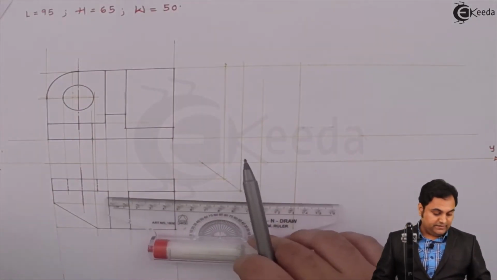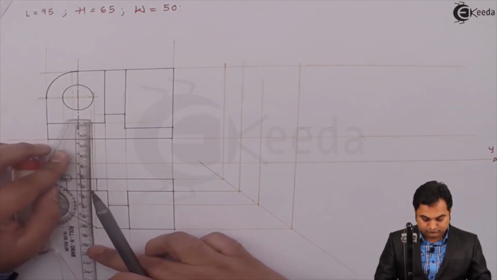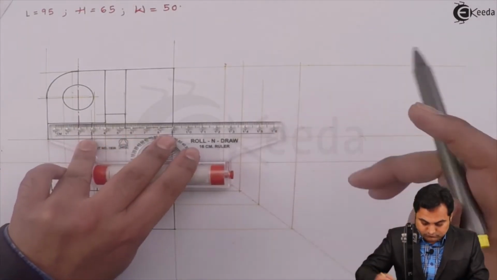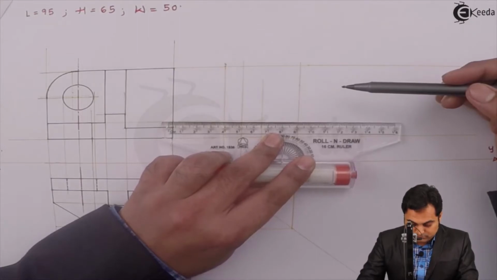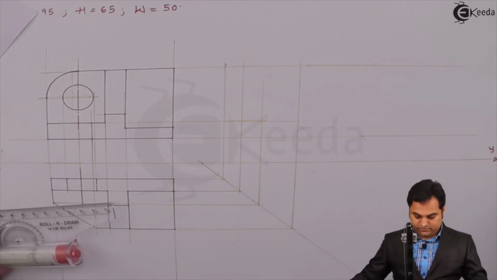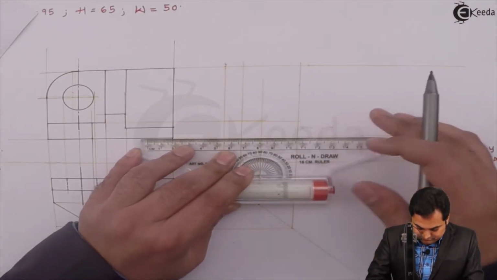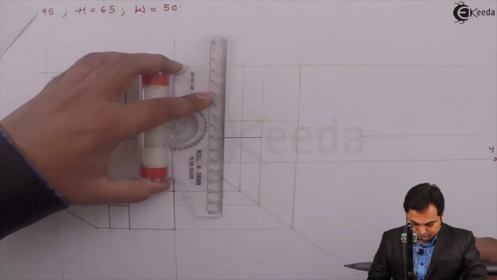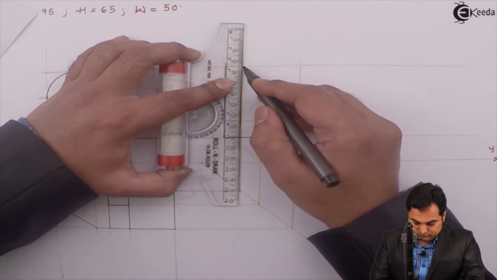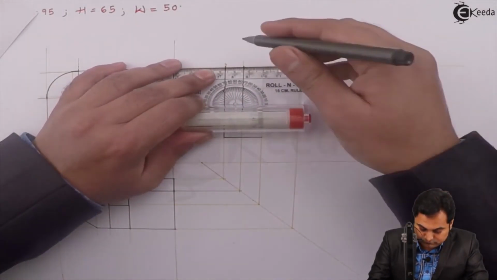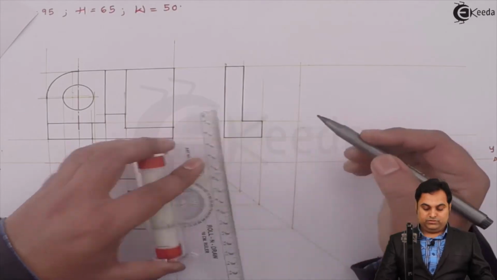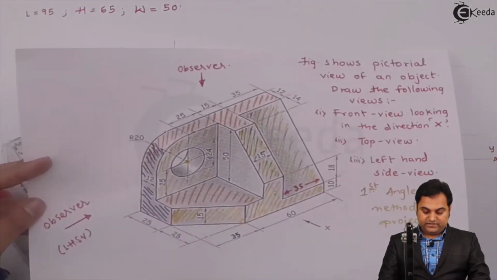That 15 mm I can get from the front view. So I'm making that surface dark. So this surface is visible as we can see here.